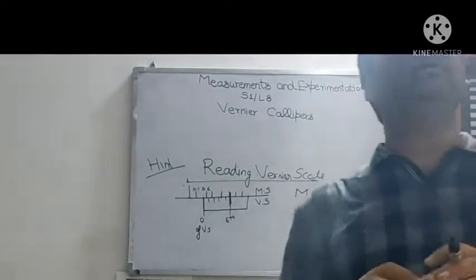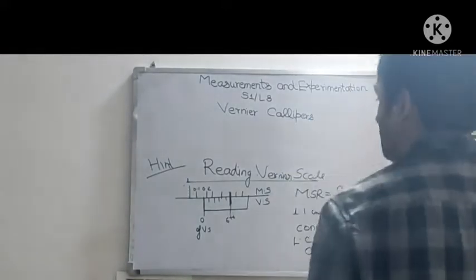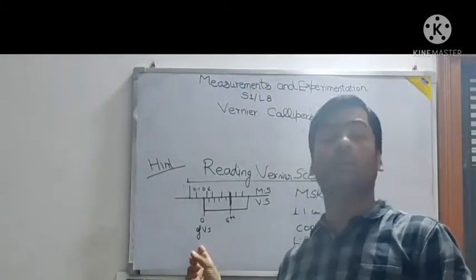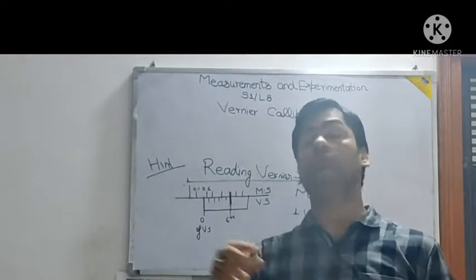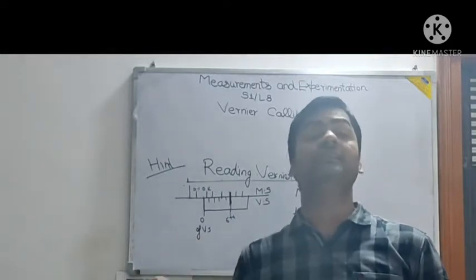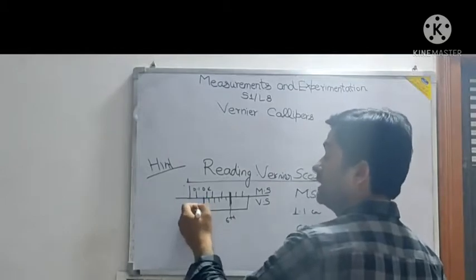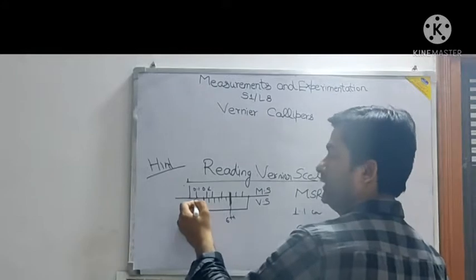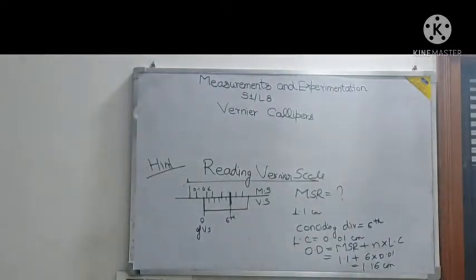So a few things you must have. First thing is the coinciding division, other is the least count, then main scale reading. So now you must have understood that by the position of 0 of the vernier scale only we are deciding the main scale reading. See, if the 0 of vernier is between two readings, take the lower value. Okay. More conditions are there, we'll understand better by the numericals.